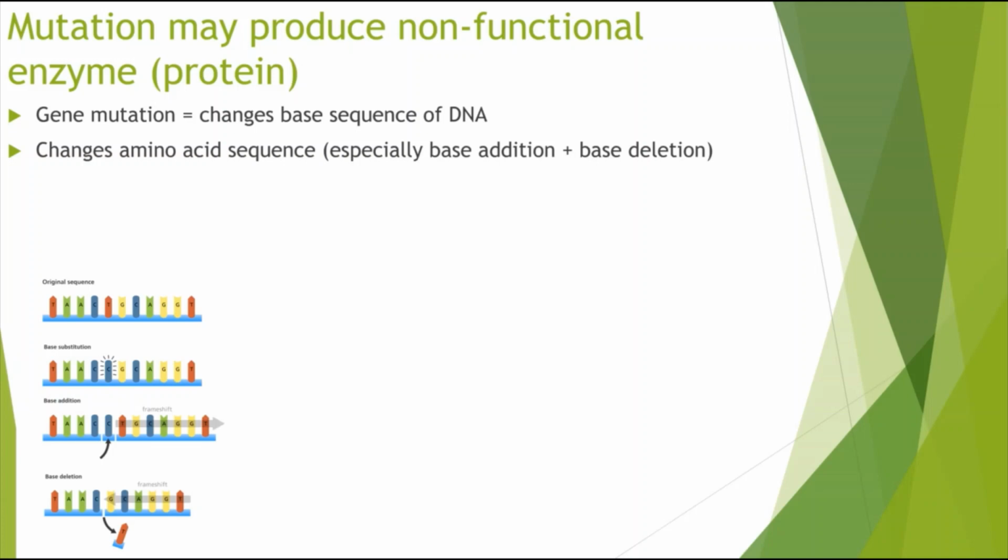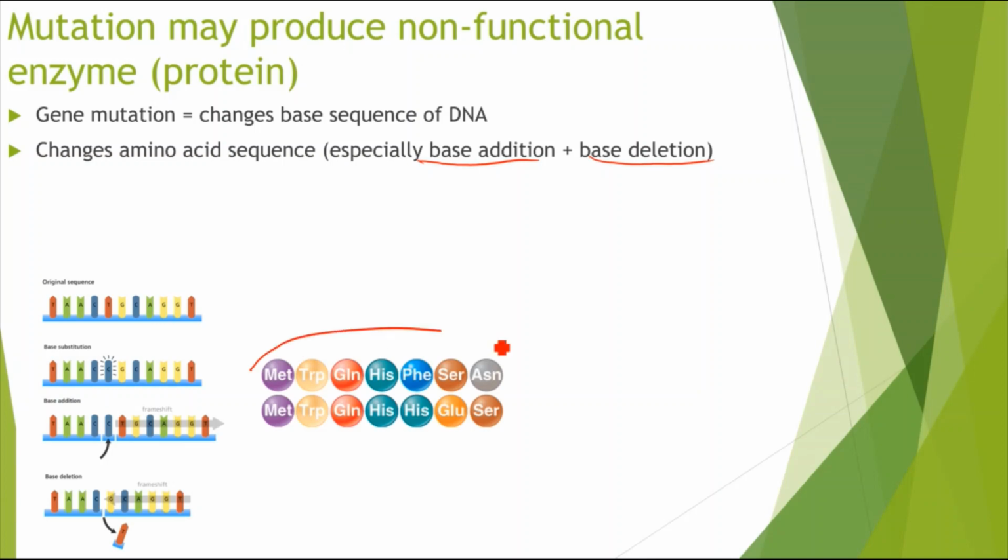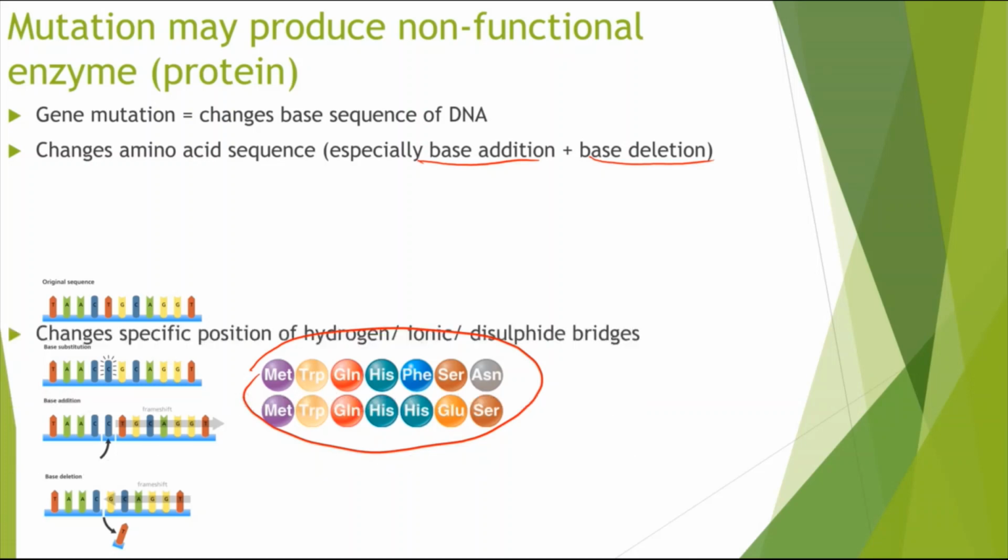But because we cause a frame shift in base addition and base deletion, we would almost always be coding for a different amino acid sequence. We have just changed our amino acid sequence due to the gene mutation.